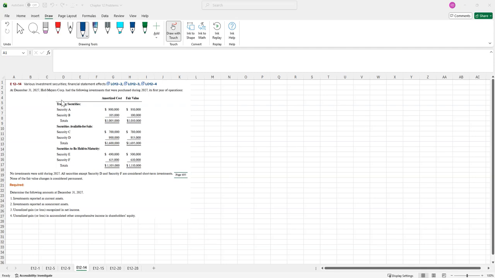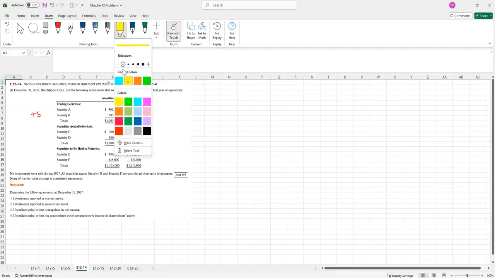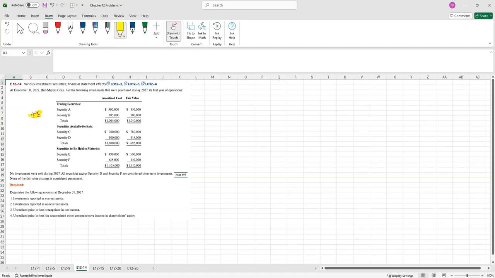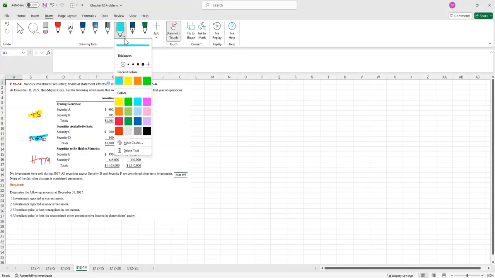All right, here we have various investments. Looks like we have some trading securities, right? We'll make those yellow. We have some available for sale. We'll make those blue. And then we have some held to maturity, right?